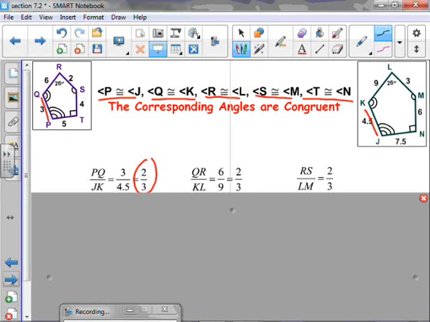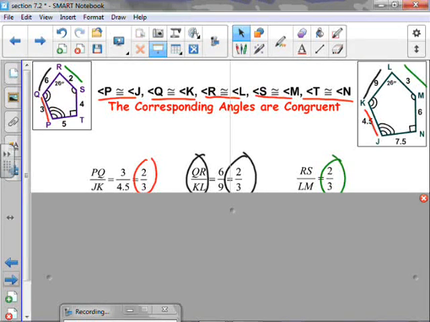I'm going to say QR divided by KL. That's over here. And that gives me 6 divided by 9, or 2/3. Okay, looking pretty good so far because my ratios are turning out to be the same. Now let's do a couple more. RS divided by LM is 2/3. I don't even need to simplify that one. And I'm looking pretty good here.